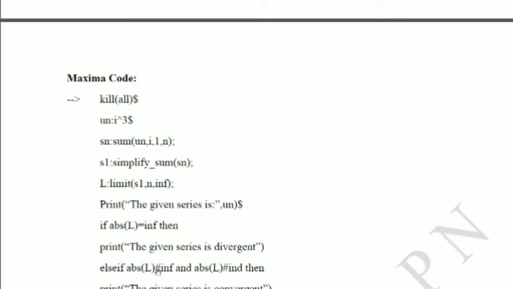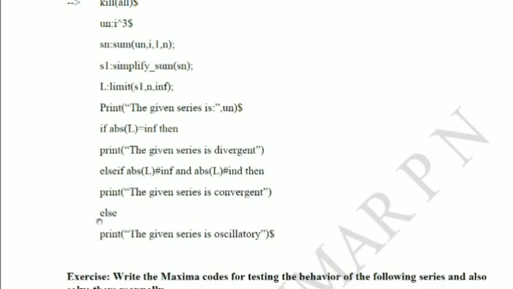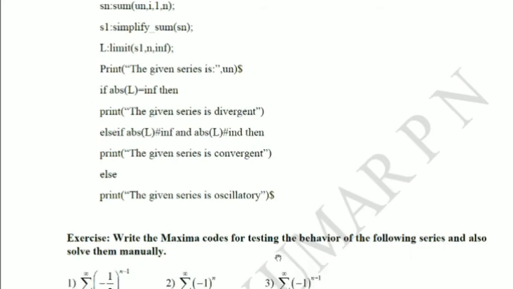Else if the absolute value of L is not equal to infinity and not equal to indeterminate, then print the given series is convergent. If these two are not true, then it prints the given series is oscillating. This is how you have to test the behavior of a series. Given some exercise, you write the Maxima code and also solve them manually.